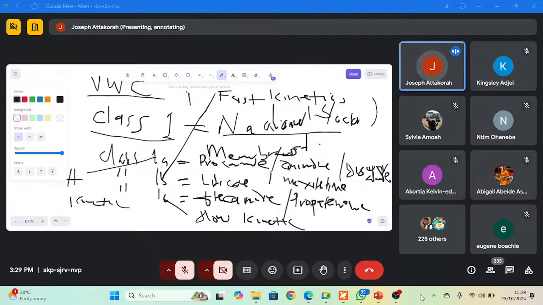So in terms of potency, class 1C is more potent, followed by class 1A, then class 1B. Any question up to this point?